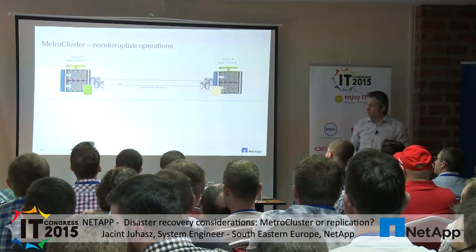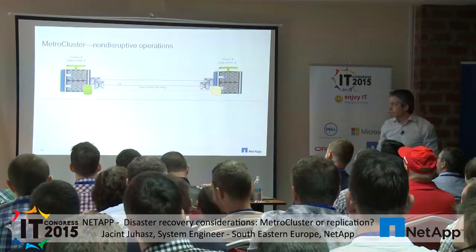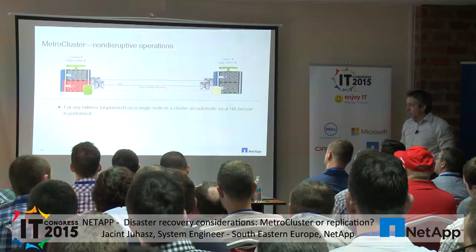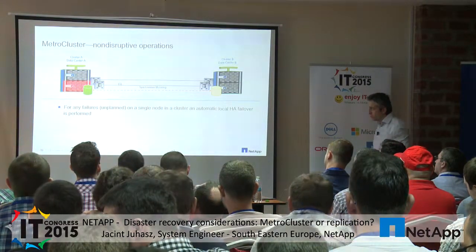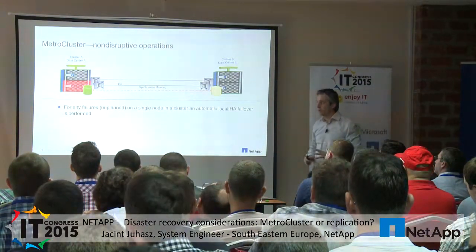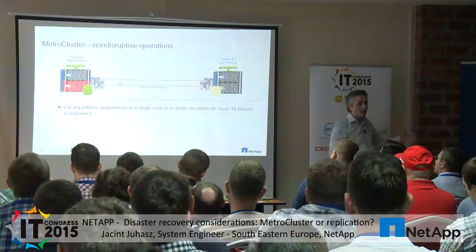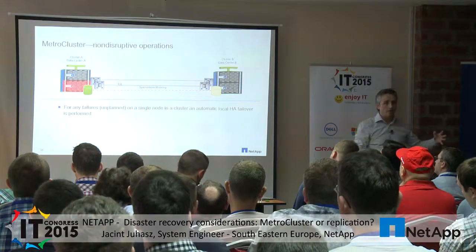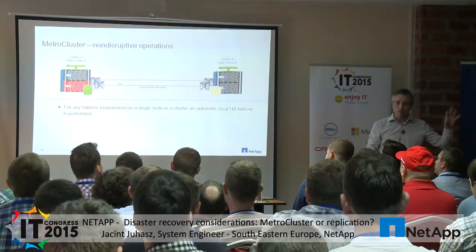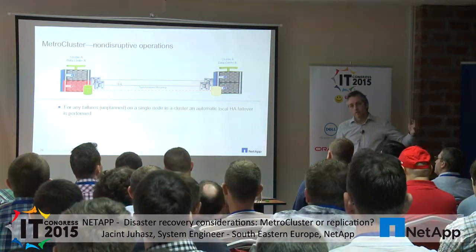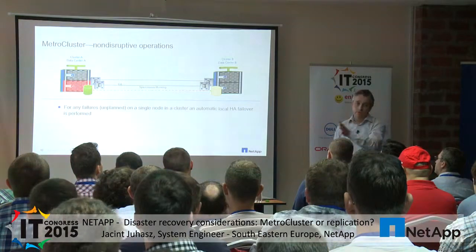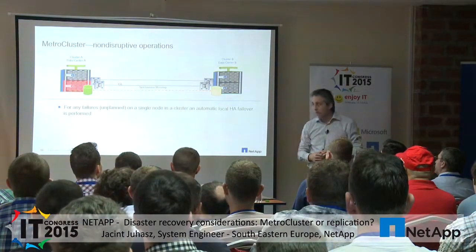So how does this whole thing look? With the new MetroCluster, the 8.3 MetroCluster, we have local high availability. In the past, we had MetroCluster capabilities, but anything you lost on the primary side would fail over to the secondary side. With 8.3, that's gone.